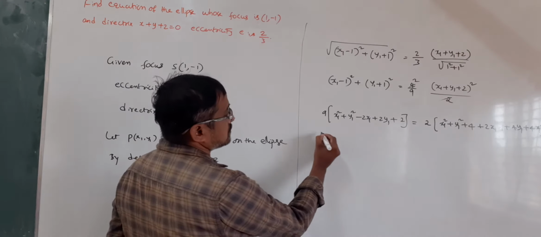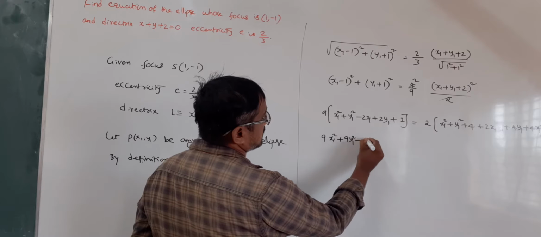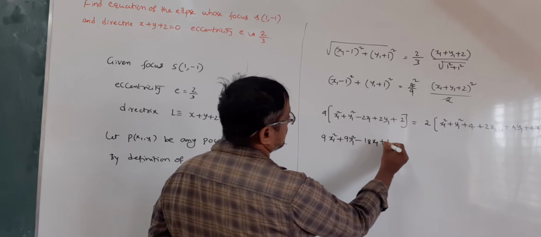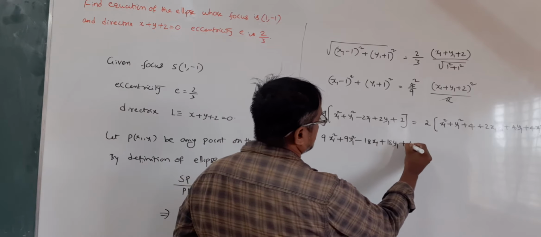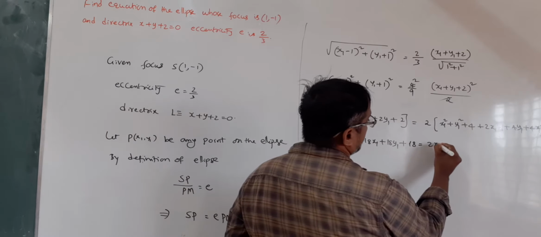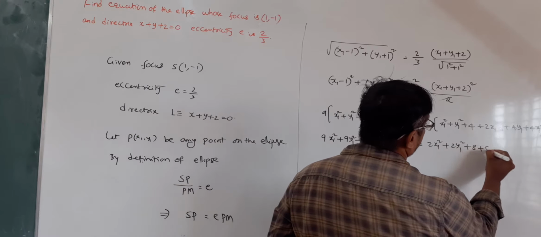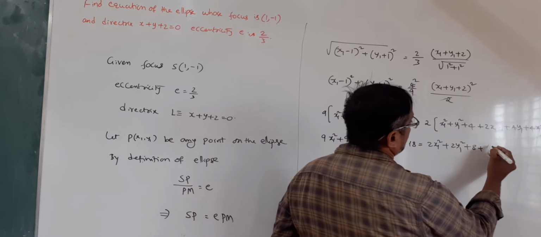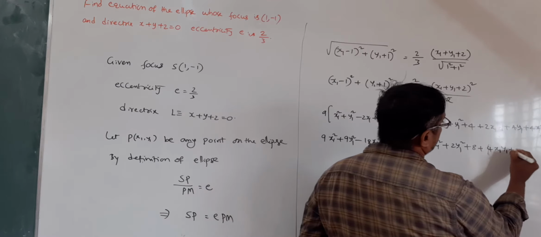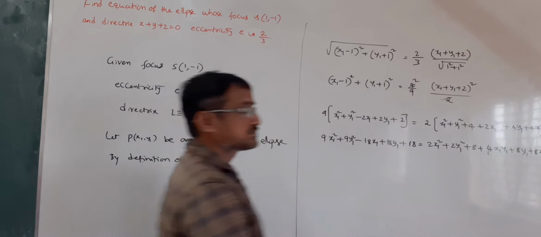So 9x1 square plus 9y1 square minus 18x1 plus 18y1 plus 18 is equal to 2x1 square plus 2y1 square plus 4x1y1 plus 8y1 plus 8x1.